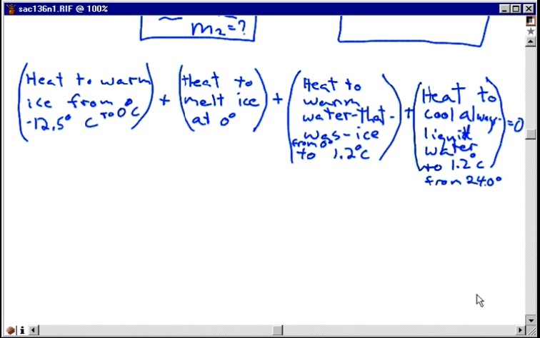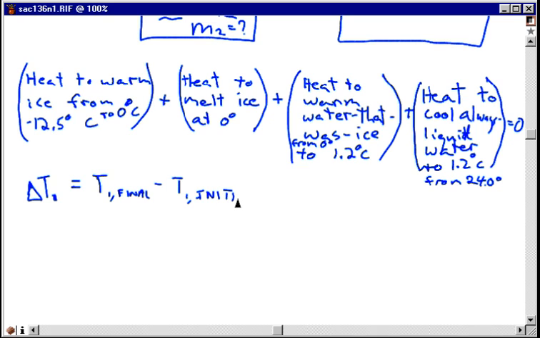So let's get those temperature changes. I'll call this delta T1, and it's going to be the final temperature, which is 0 degrees, T1 final, minus T1 initial.